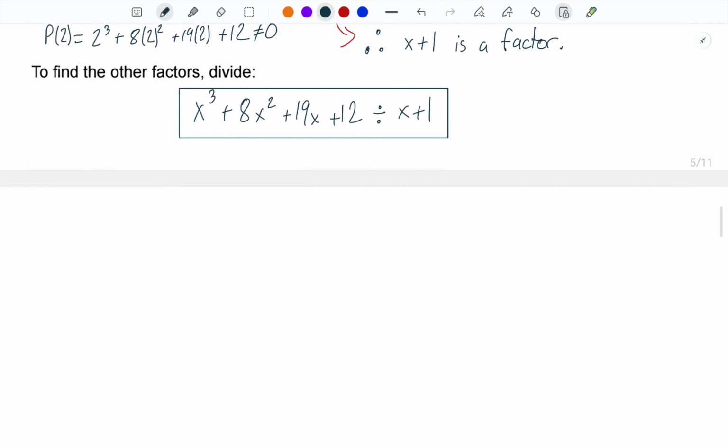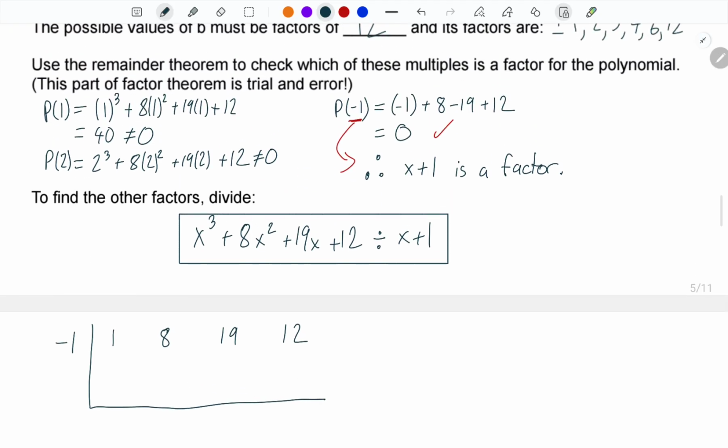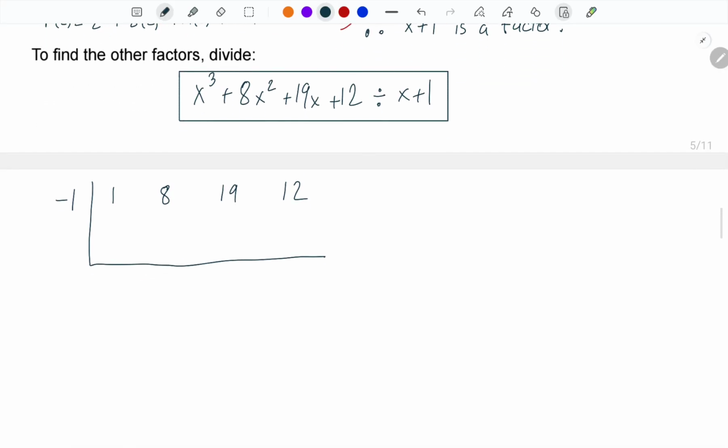You could do long division or synthetic division. I'm going to go with synthetic division, but if you choose to do long division, that's totally fine. So I'm going to write down the coefficients, 1, 8, 19, and 12. I'm going to write down x plus 1. The root would be negative 1, the thing that we plugged in that got us 0, so that goes on the outside.